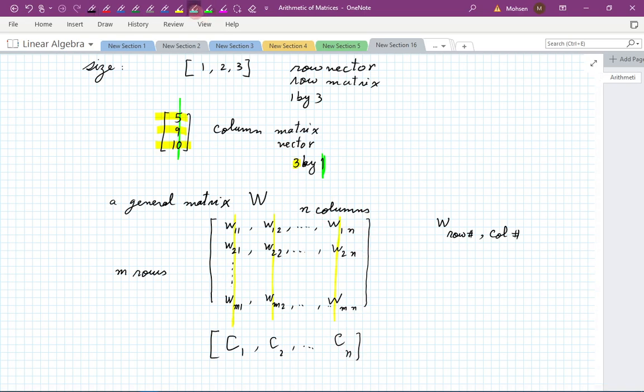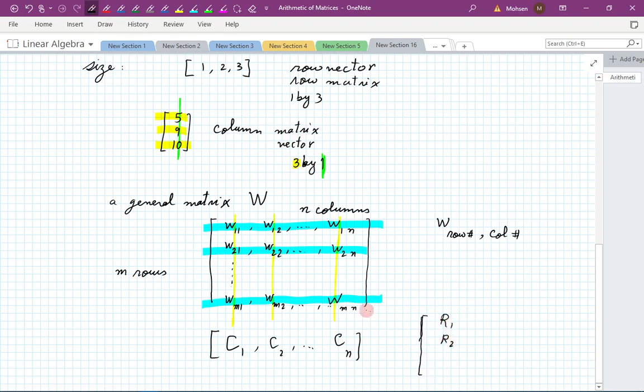Another style is that I might use abbreviation by rows. So this is going to be row 1, row 2, and this is going to be row m. So in that case I will refer to my matrix by saying, okay, I had row 1, then I had row 2, and all the way to the last of these things was row number m.